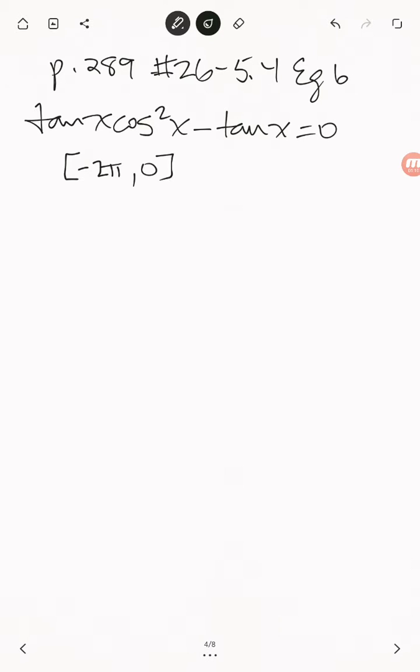The question says, determine solutions for tan x cos squared x minus tan x equals 0. And in the textbook it says on the interval negative 2 pi to 2 pi, but I'm going to shorten that interval a little bit just to make the question shorter, because otherwise it's super long. And just make it from negative 2 pi to 0.